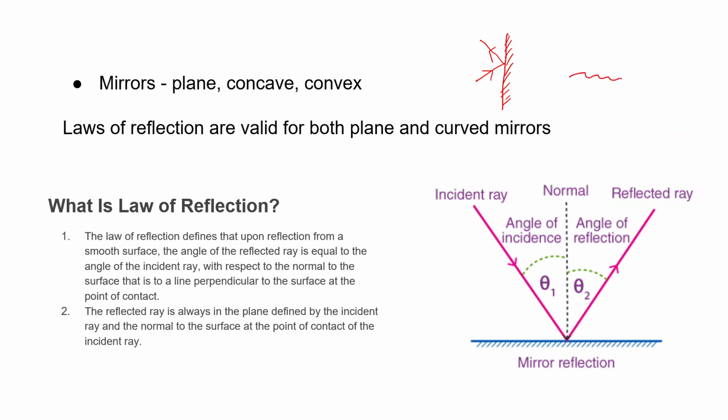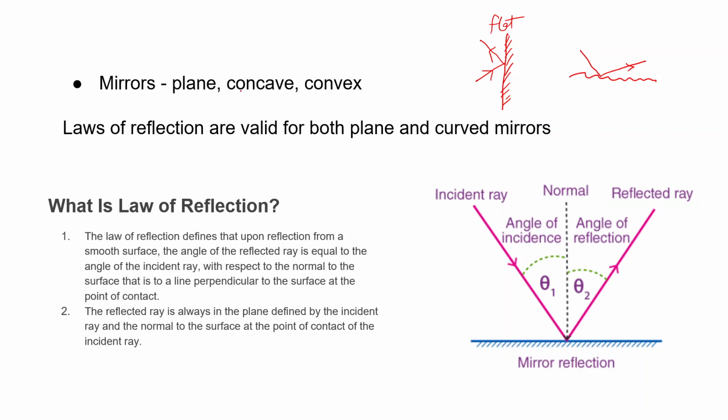If there is some not so flat surface, it will scatter the light in random directions, and thus we don't get good reflection from it, and we are not able to see any image. But with a mirror, whatever light goes, it completely bounces back and we are able to get the image. So this is for flat mirrors.